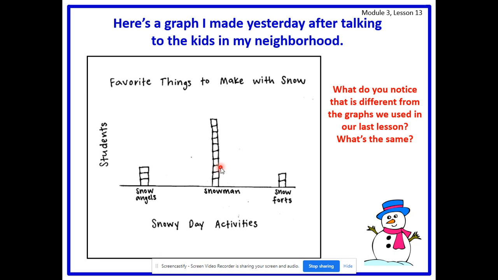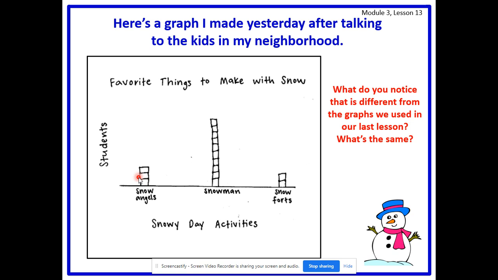There's no overlaps, no gaps, and they have the same endpoints. And what's the same? Name one thing. Yes, that they both tell us information and it's organized, and that each square represents one student.